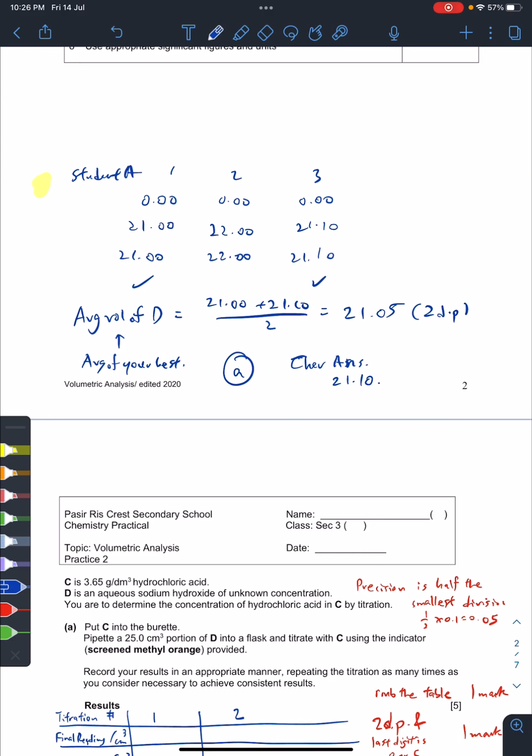If the answer is 21.10, how can I get the 2 marks? 2 marks means 20.90 to 21.30. 20.80 to 20.89 or 21.31 to 21.40 is 1 mark.